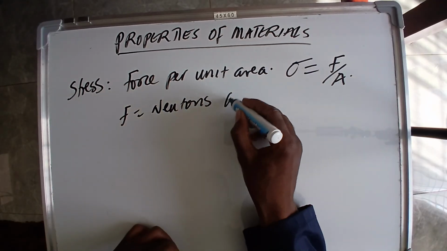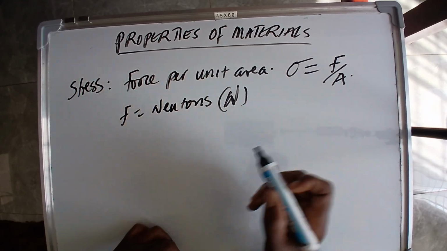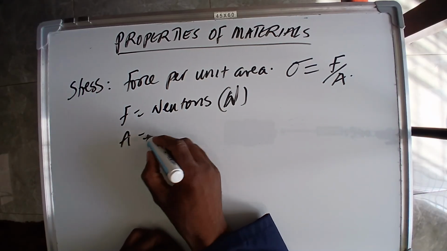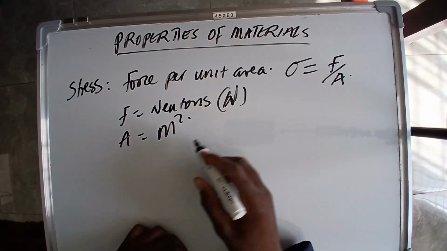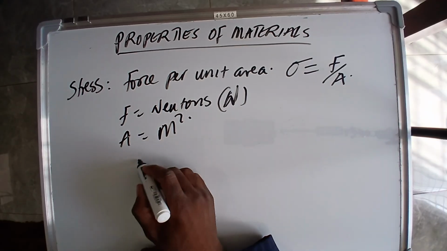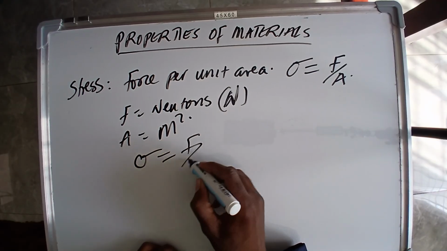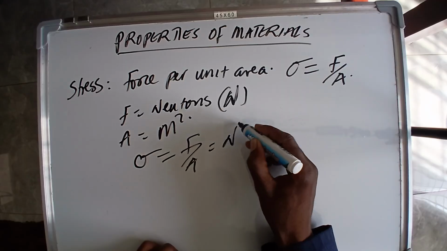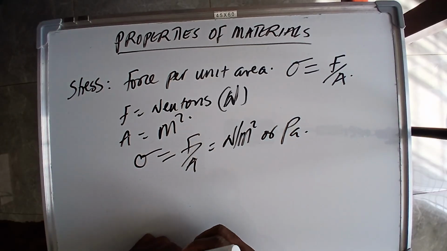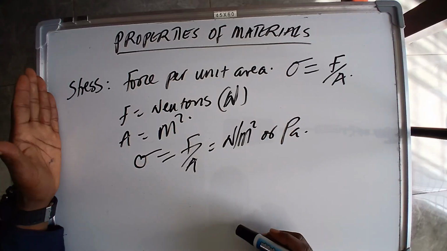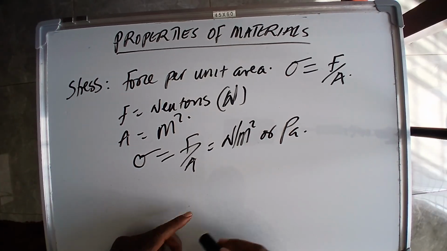This you already know, we have discussed this quite a number of times. Area is measured in square meters. So the unit for stress, force over area, is newton per square meter, or pascal. Okay, so we have understood what stress is.